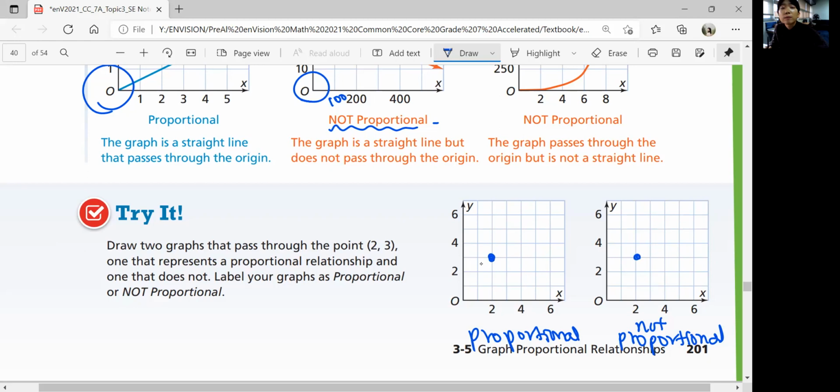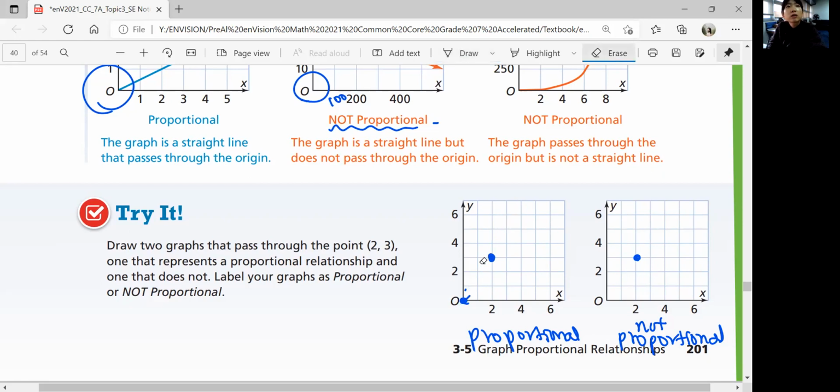Can you draw a straight line that starts at the origin and goes through this point? Yes, which would have the slope of 3 over 2, right? So draw a straight line that connects these 2 points.